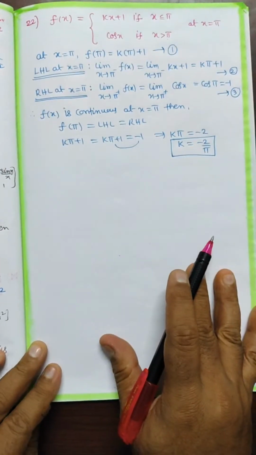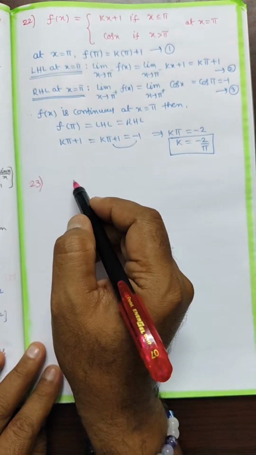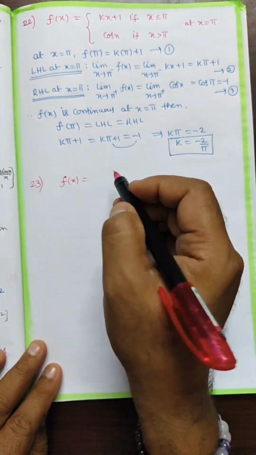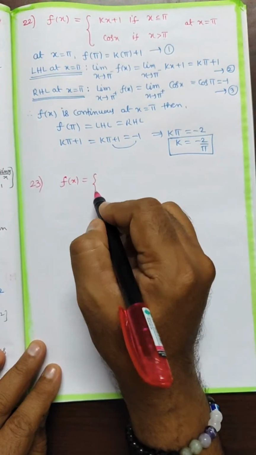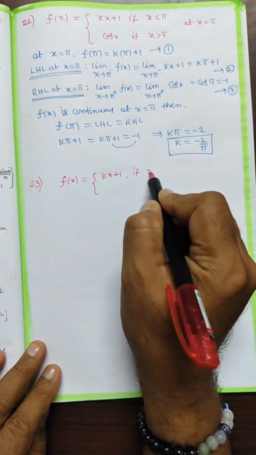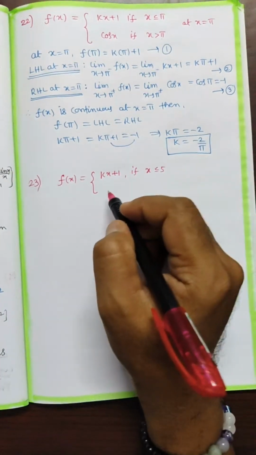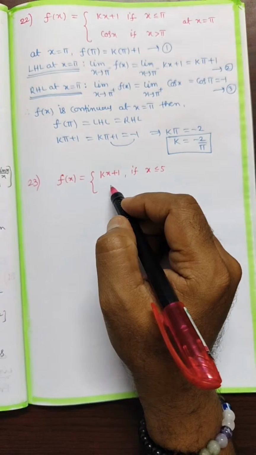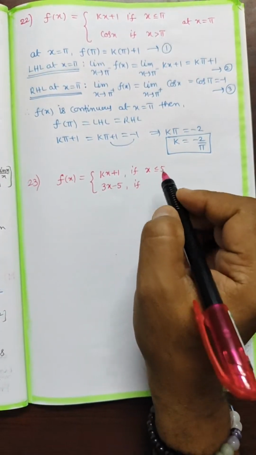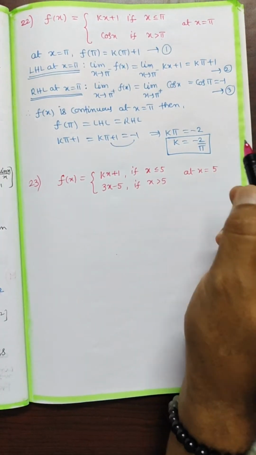Next, question number 23. So what is the function we have? f of x equal to kx plus 1 if x is less than or equal to 5, 3x minus 5 if x is greater than 5 at x is equal to 5.